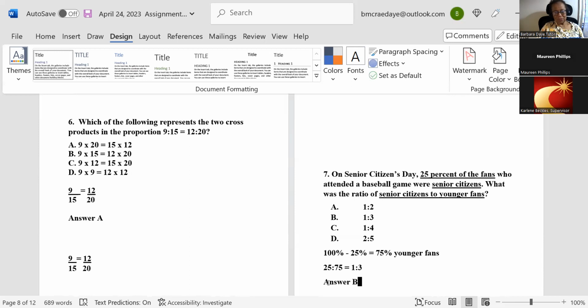Let's see. What's the percent of the seniors? 25. What's the percent of the total? 100. The total is 100, right? So what's the ratio of 25 to 100?